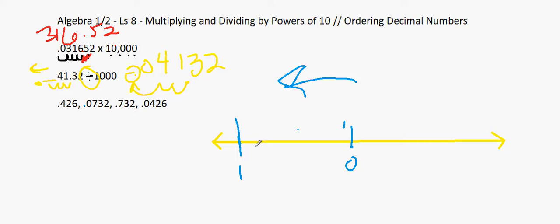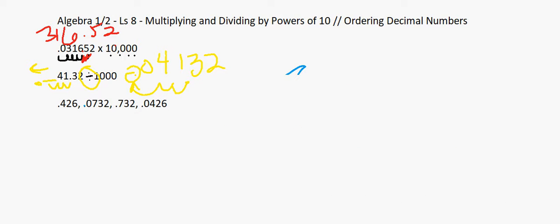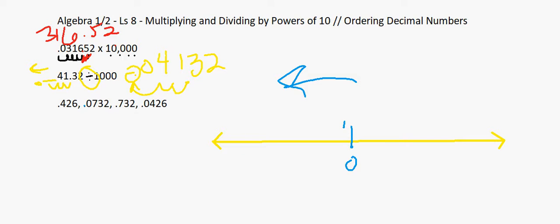Now, which order do we have? Well, closest to 0. I'm sorry, this is kind of messed up. Let's put 0 here.